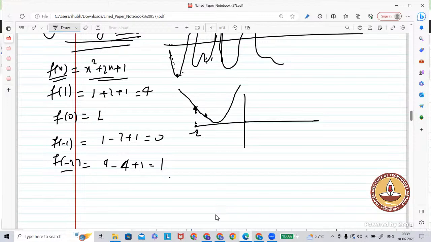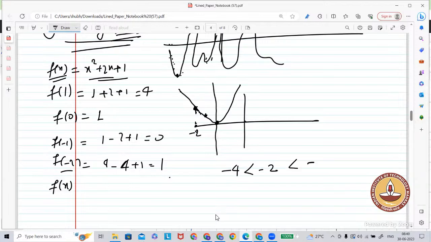So what it means is that as you are giving the negative values, you are getting outputs here. So your function from minus 1 till here, this is the axis of symmetry in a quadratic. This side you are giving minus 2, or even let's say minus 4, which is lesser than minus 2.